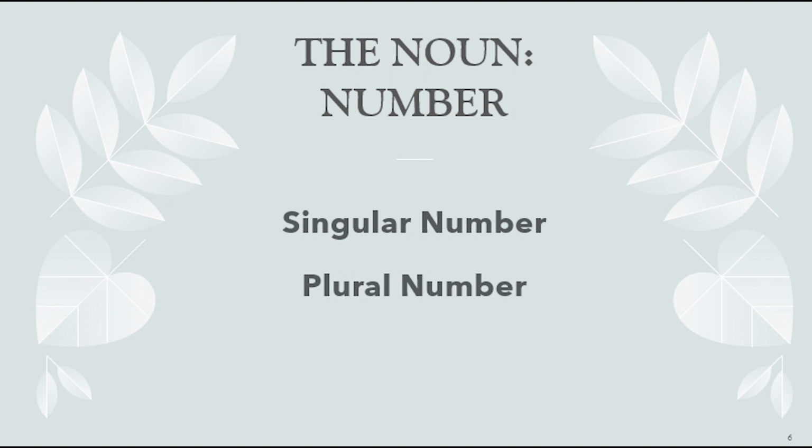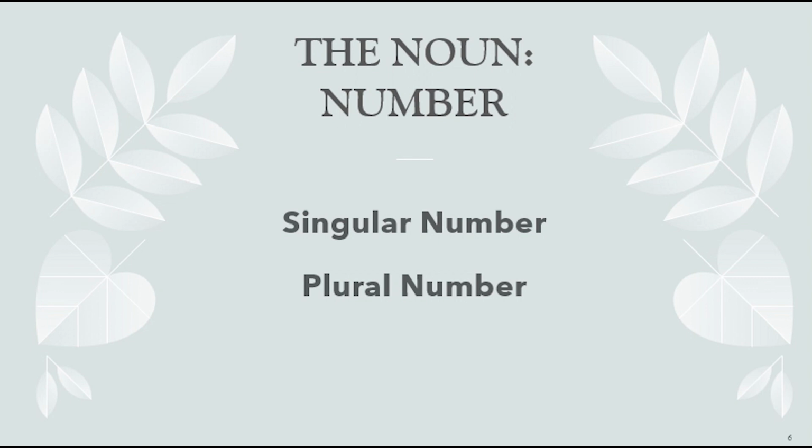Okay, so now we have nouns and numbers. There are singular numbers, meaning a noun that denotes one person or thing is singular, and the noun that denotes more than one person or thing is known as a plural number.